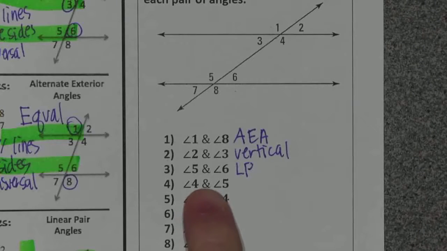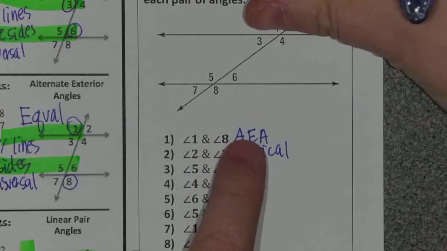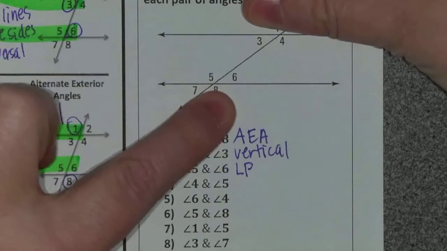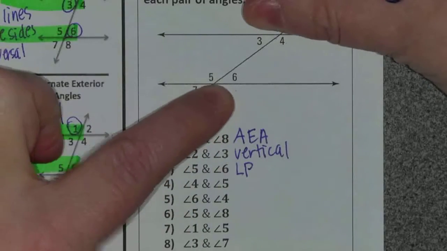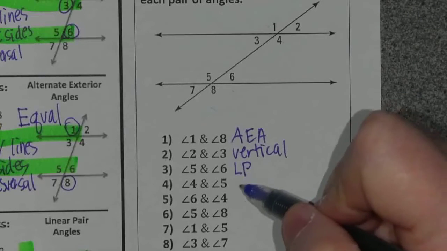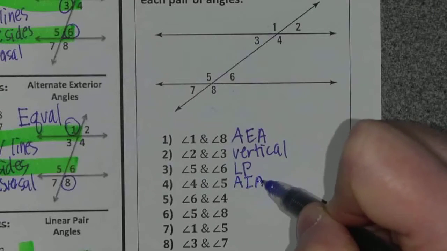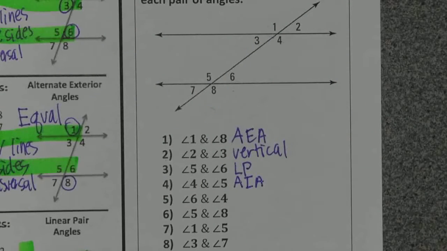Linear pair. All right, how about 4 and 5? 4 and 5 are inside the parallel lines. So that's a big hint. What kind of relationship do they have? Alternate interior. Yep, alternate interior angle. So AIA is what I'm going to use as that abbreviation.